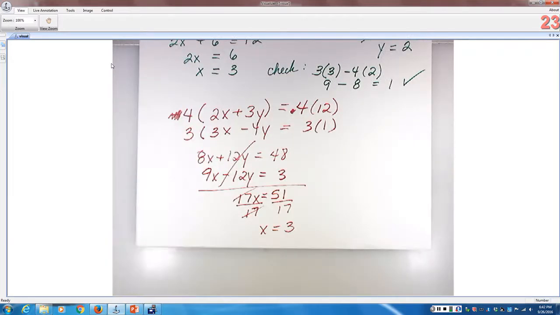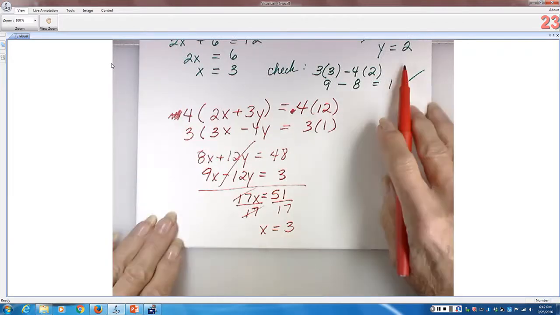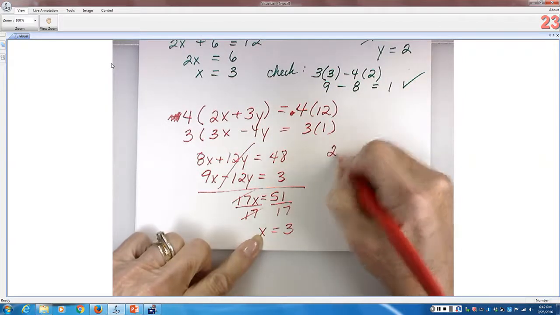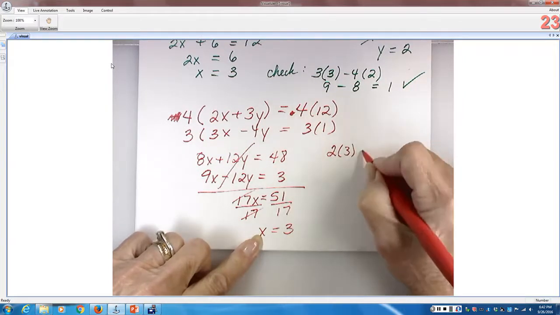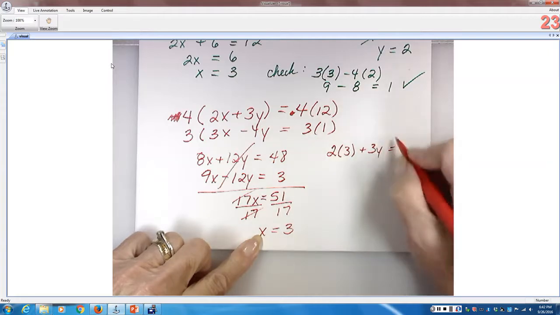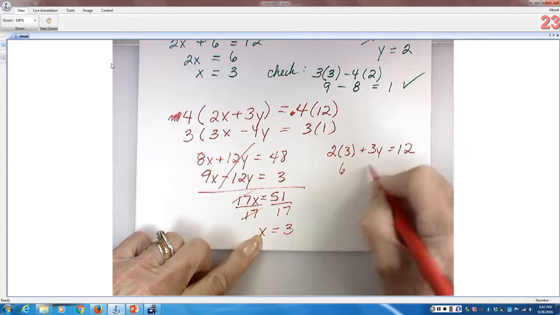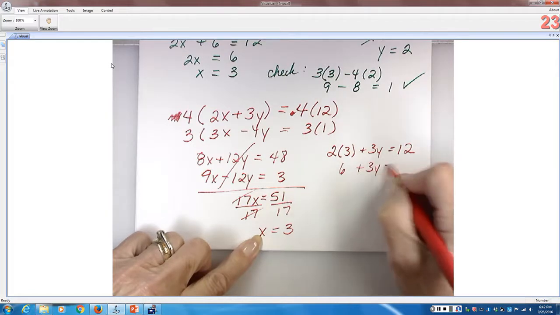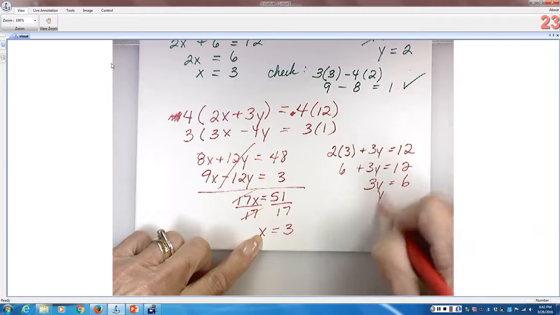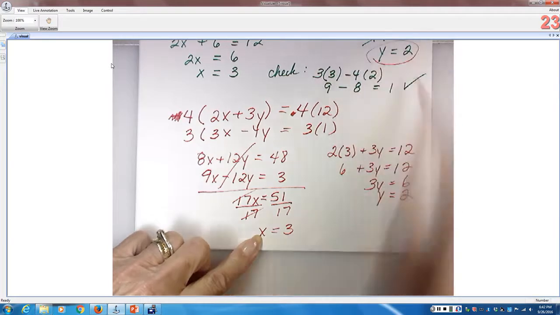And then I can go back and do the same thing as far as checking for the y value. Now I'll just plug in my x value. 2 times 3 plus 3y equals, see, the original value was 12. 6 plus 3y equals 12, 3y equals 6, y equals 2, just like we got the last time.